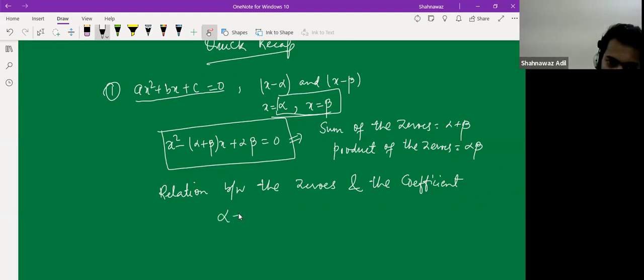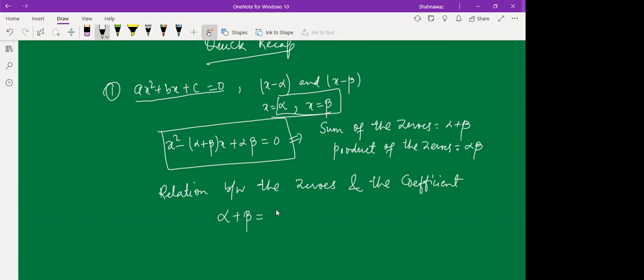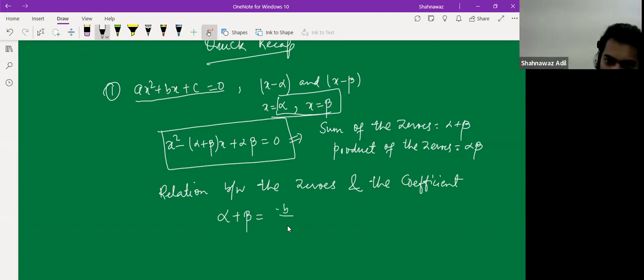The sum of the zeros was what? We proved this. The sum of the zeros was minus b by a. Absolutely right. It was minus b by a and the product was c by a, right?